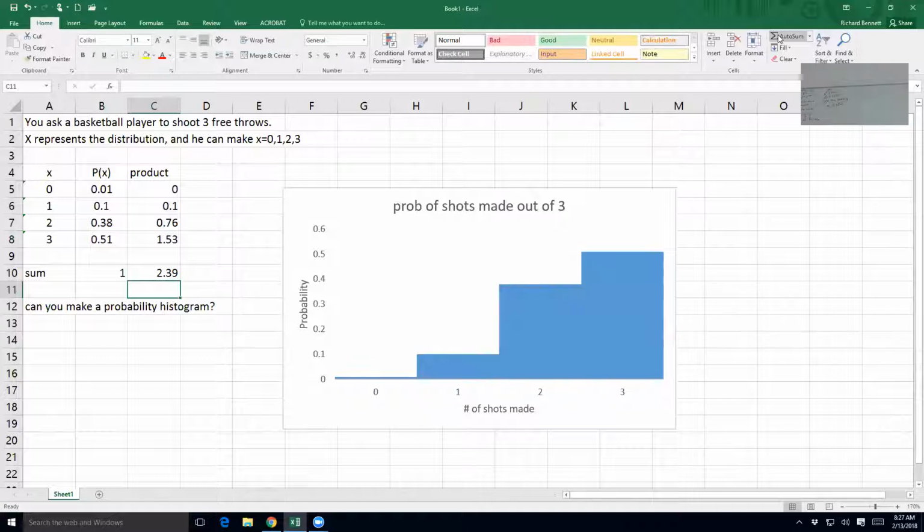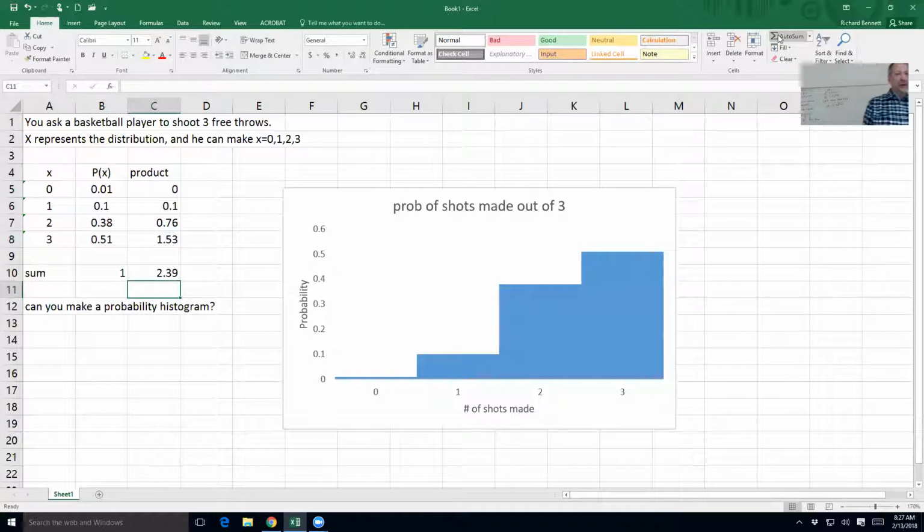Yeah, it's okay. So I always joke about, you know how it says that Americans have 2.3 children? We either have 2 or 3 or 0 or whatever. But yes, your mean can be a continuous number, that's fine. So you would expect this person to make 2.39 shots out of 3 on average. Okay?